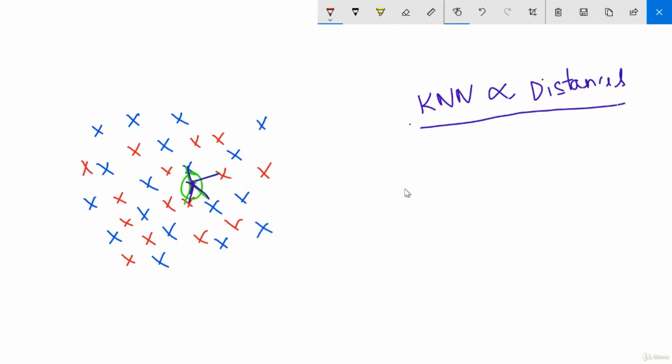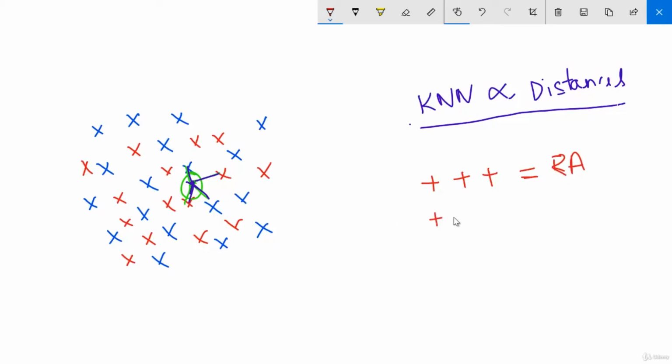If the nearest one is, let's say, positive, and k is 3, and it's nearest to red, then it is in the red area, right?